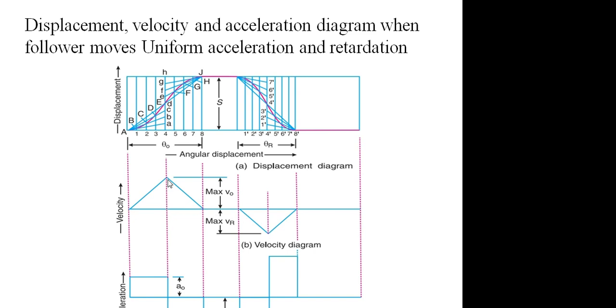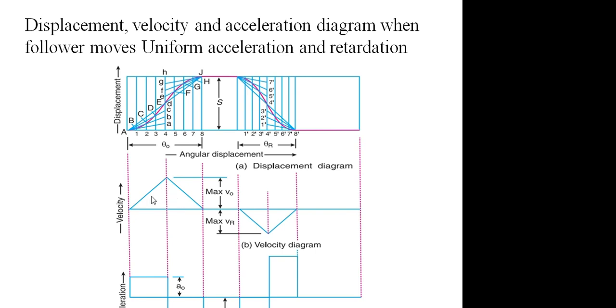So by taking some suitable scale, you can mark a point here and join that point to the start and end of the outstroke. Similarly here also, by taking some suitable scale, mark this distance and you will get one point. Join that point to the start and end of the instroke. You will get this velocity diagram for a follower when the follower moves with uniform acceleration and retardation.